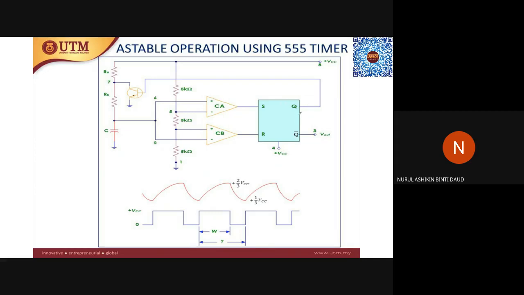It has a flip flop, this is the SR flip flop, and two comparators, comparator A and comparator B, CA and CB. And you can see here pin number 7 is connected to the BJT.